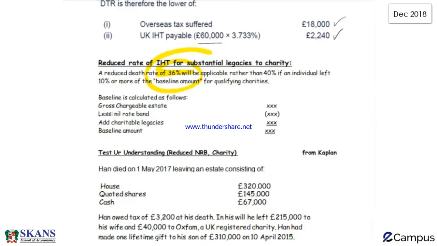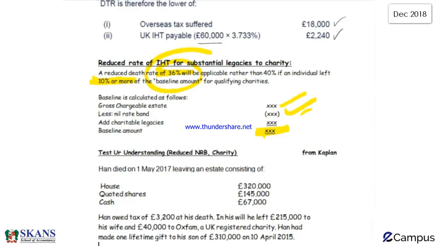You have to calculate 10% of baseline amount, which is calculated. Whatever the gross chargeable estate which you calculate, as I told you on the death estate, you have to deduct available nil rate band, and you have to add back the charitable legacies into it, and that would be called as baseline amount.